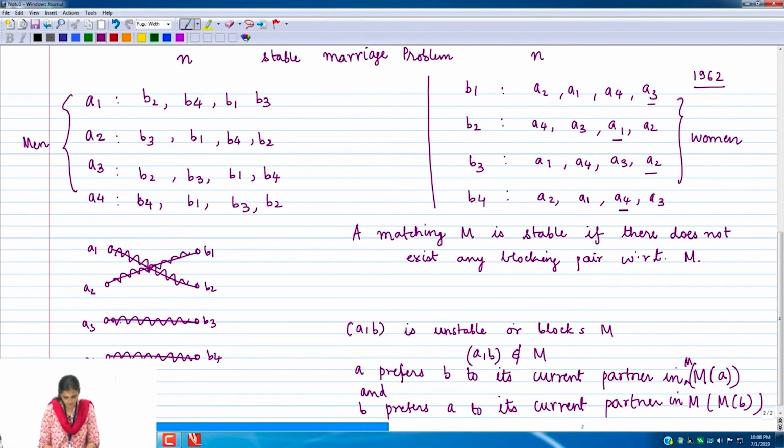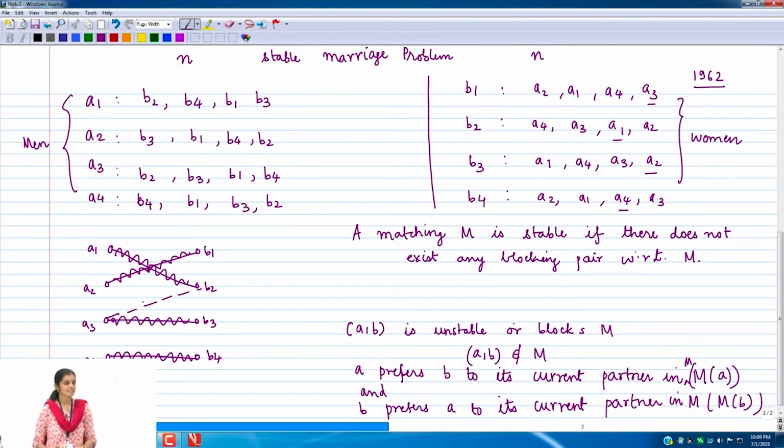Now we look at A3. A3 is assigned to B3 and A3 prefers B2 over its current partner. So let's look at B2's preference list. B2 is currently assigned A1 and we look at B2 A3. So what do we see here? B2 A3 is indeed a blocking pair with respect to this assignment.